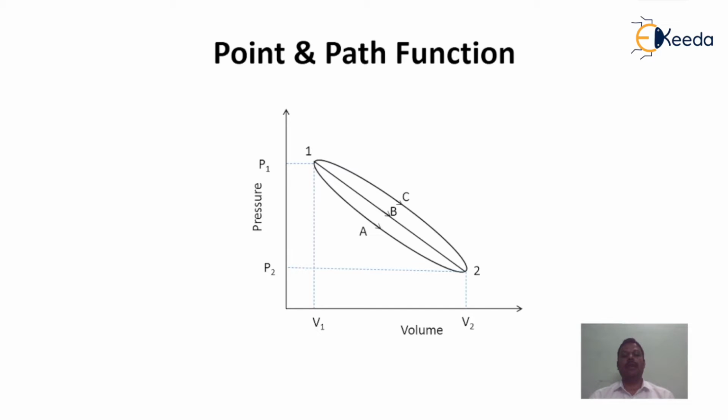But the macroscopic properties are point functions, and the difference in values from initial to final state depends on the initial and final values, and they are independent of the path that is followed in changing state from 1 to 2. They are called point functions, and they are perfect and exact differentials.